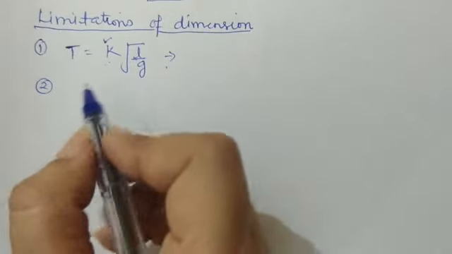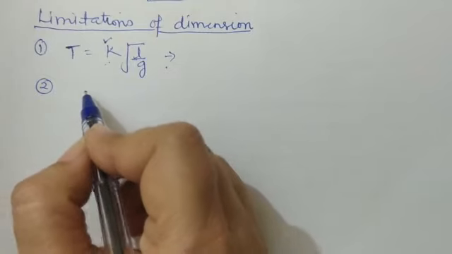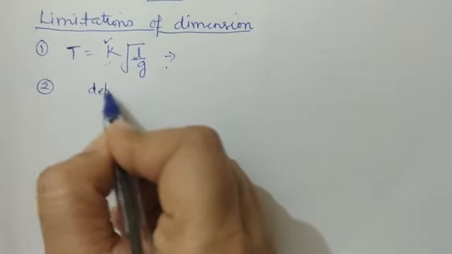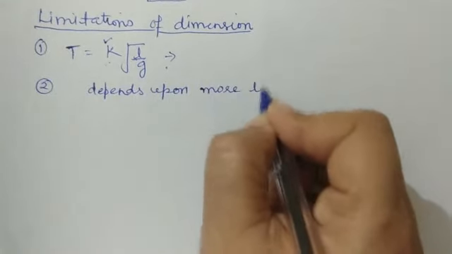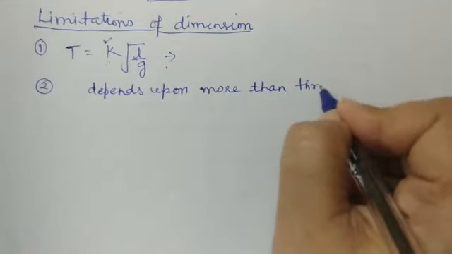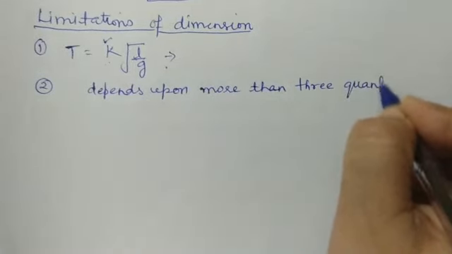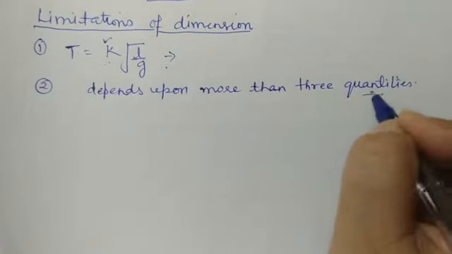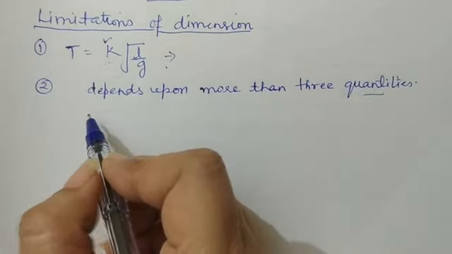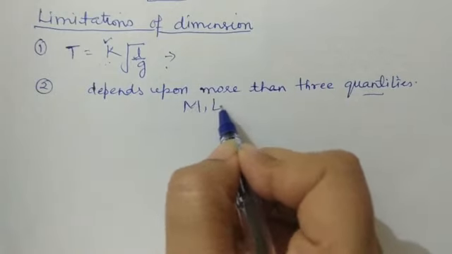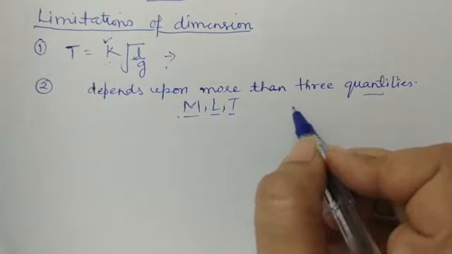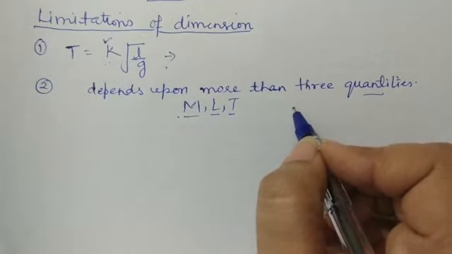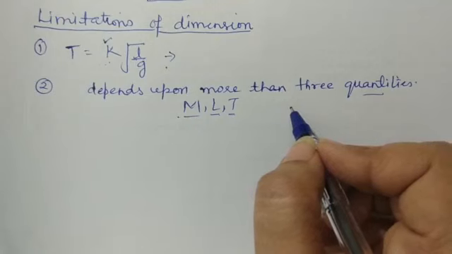Second limitation is that if a physical quantity depends upon more than 3 quantities, then the relation cannot be established by the method of dimension, because we have dimensions M, L, T, and by equating them we can have only 3 linear equations, and by solving those we can get a maximum of 3 unknown variables.